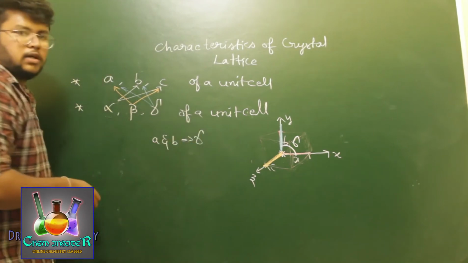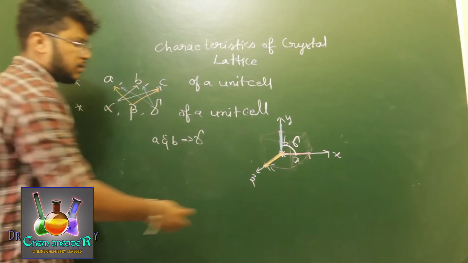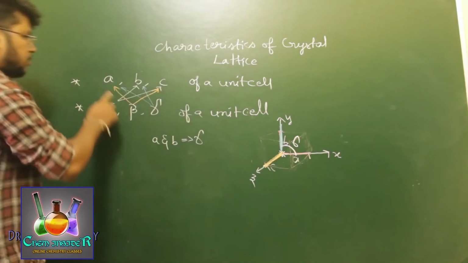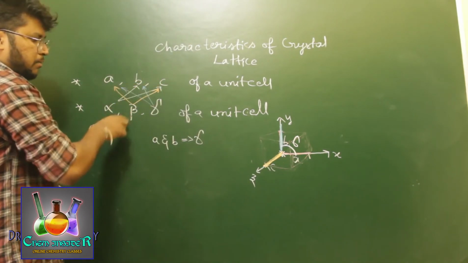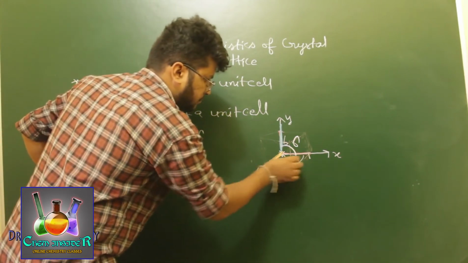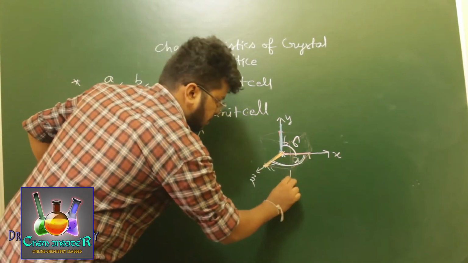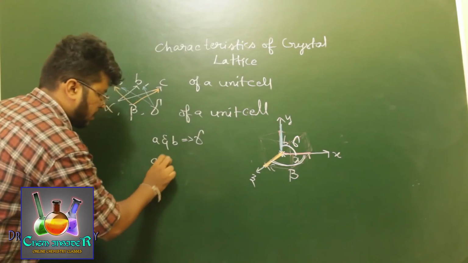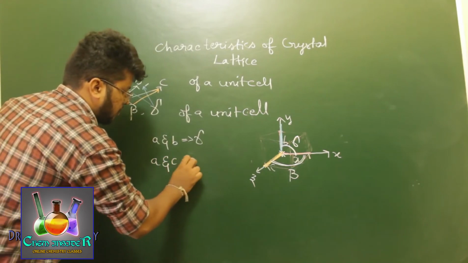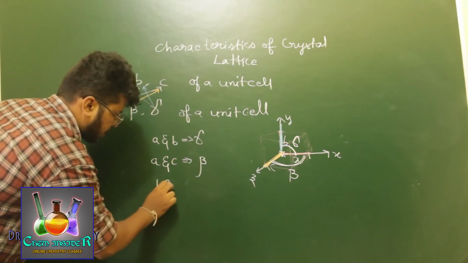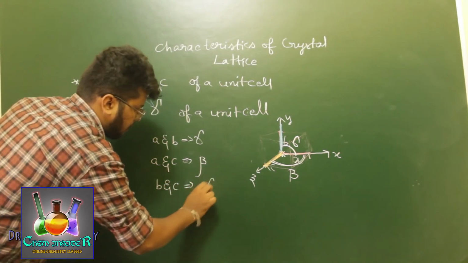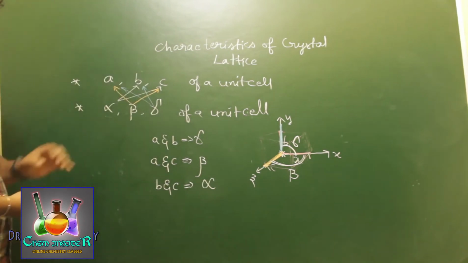Next, the angle between A and C is beta. So this angle is beta, and the angle between B and C will be alpha. We need to be quite sure about that; it has to be perfect.